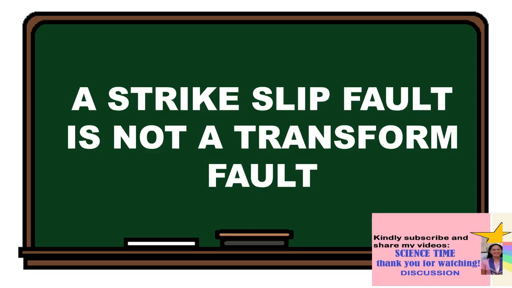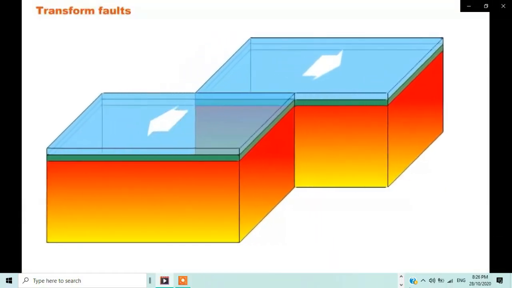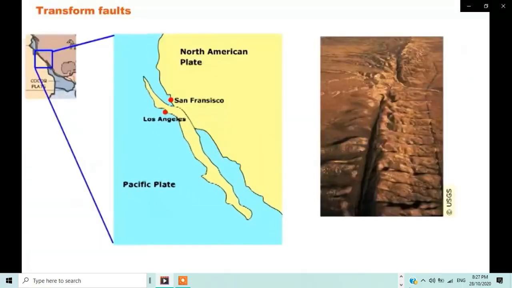Transform faults can be distinguished from the typical strike-slip faults because the sense of movement is in the opposite direction, as what you've seen in the illustration. A strike-slip fault is a simple offset.